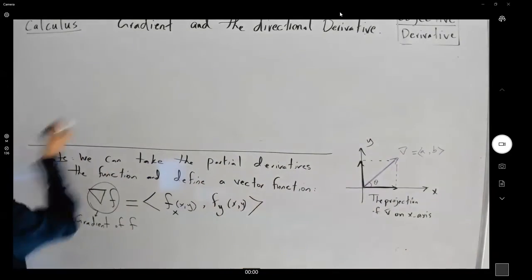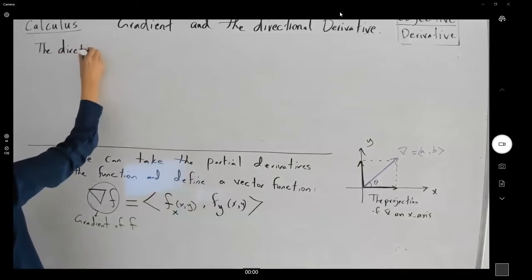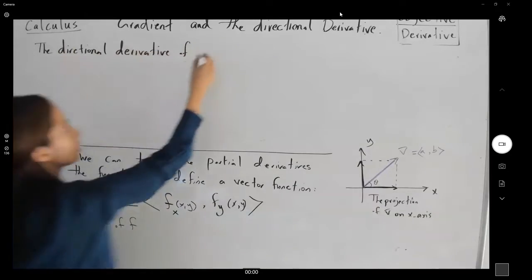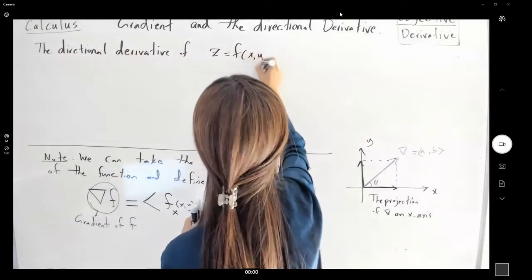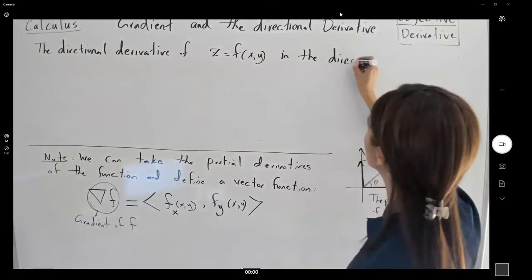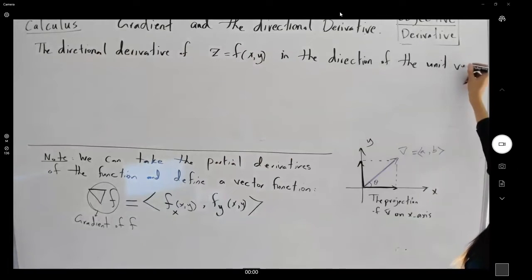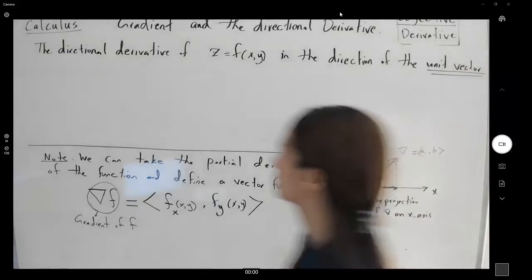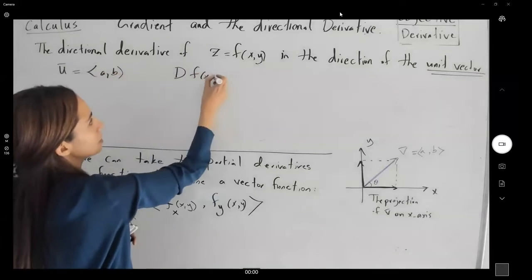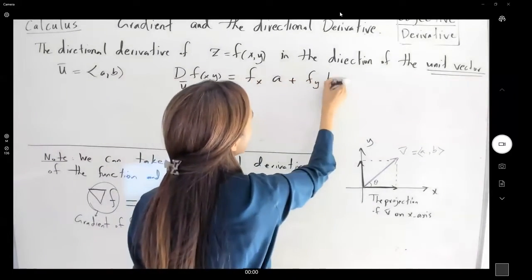We said that the directional derivative of function z equals f of x and y, in the direction of the unit vector, again, guys, unit vector, like u equals a and b, is d of f of x and y in the direction of u, f of x, a, plus f of y, b.